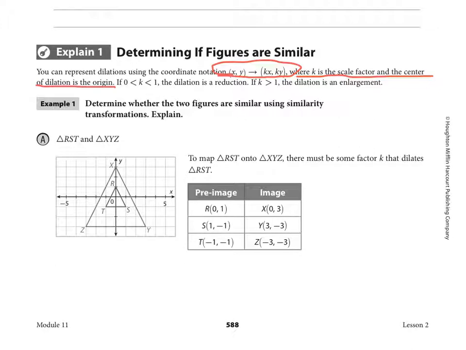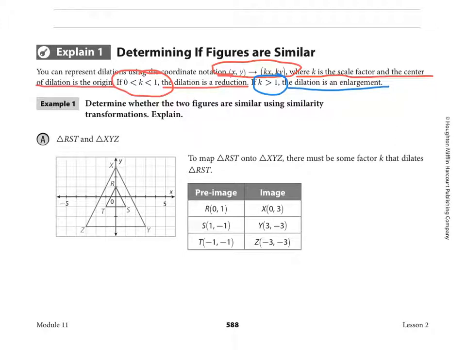So k is the number that you're multiplying x and y by. If 0 is less than k and k is less than 1, that means it's a fraction, somewhere between 0 and 1, the dilation is a reduction. And if k is greater than 1, the dilation is an enlargement.